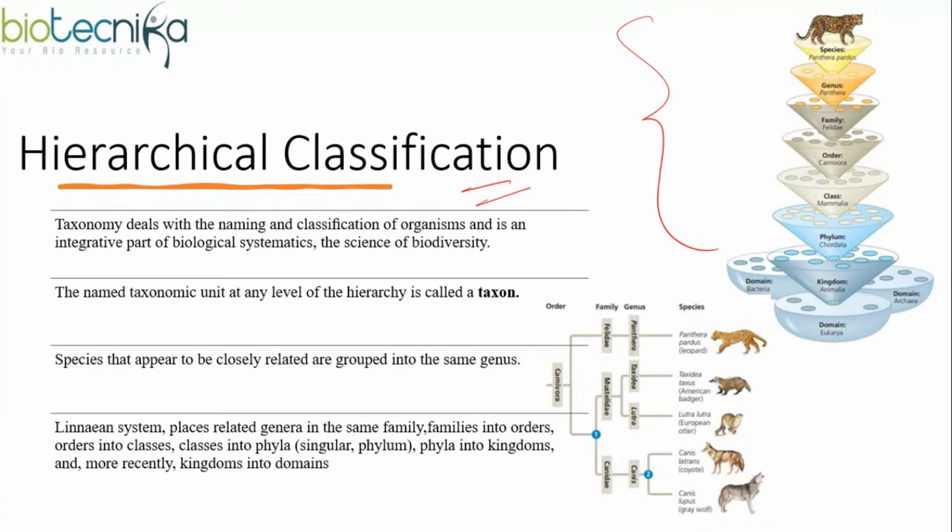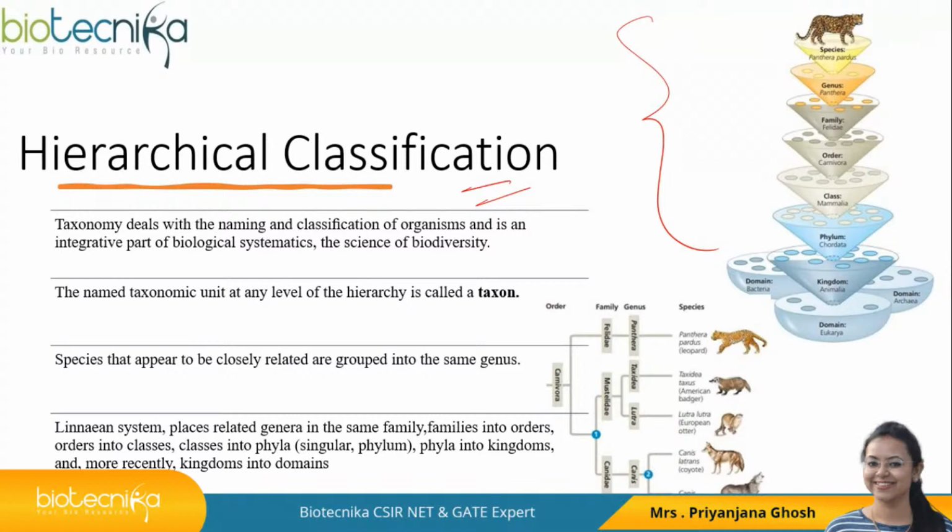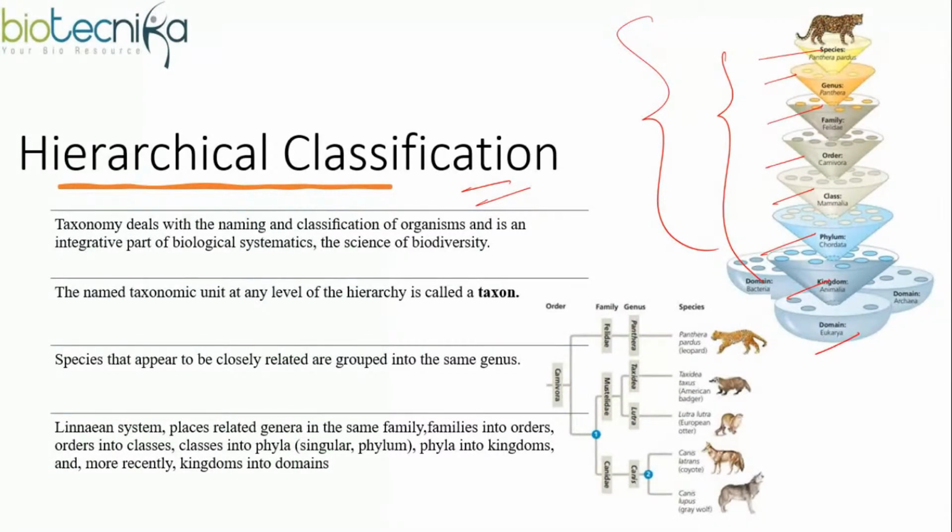Whenever we study taxonomy, be it plant taxonomy, animal taxonomy, or microorganisms, we maintain a hierarchy, and this is the common hierarchy that is followed: domain, kingdom, phylum, class, order, family, genus, and species. Why do we follow a hierarchy? That makes our classification much simpler and more confident.